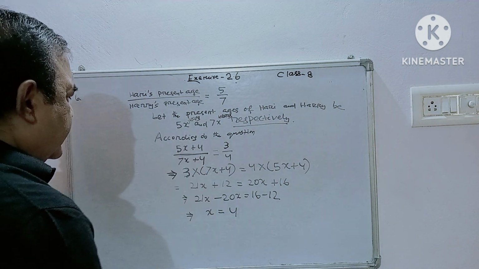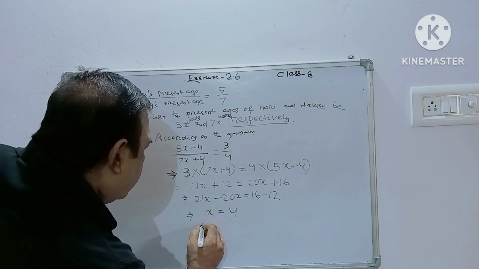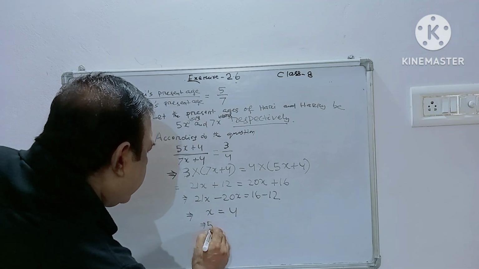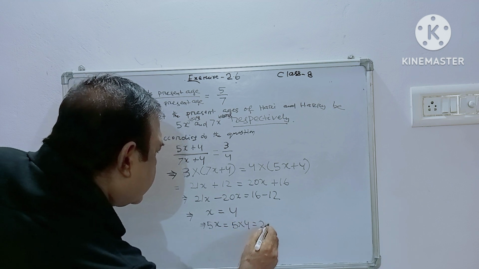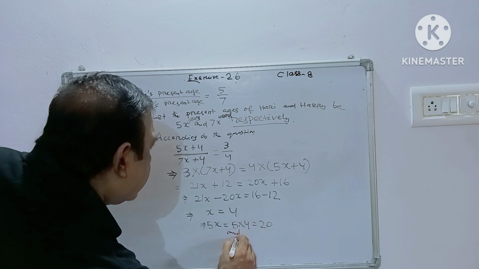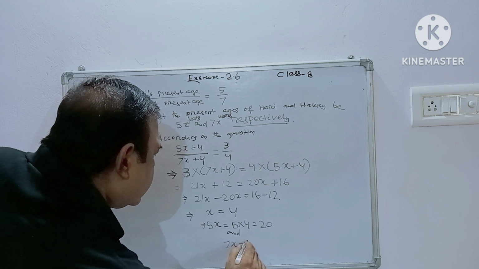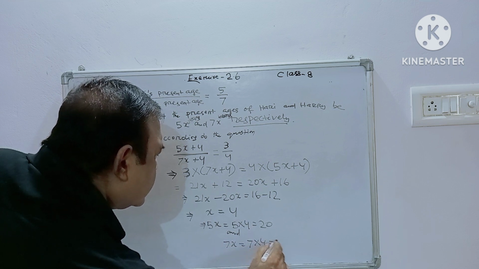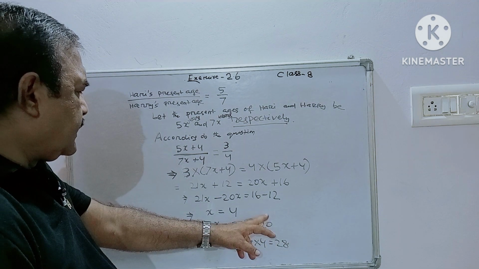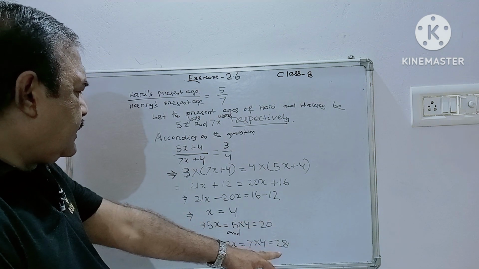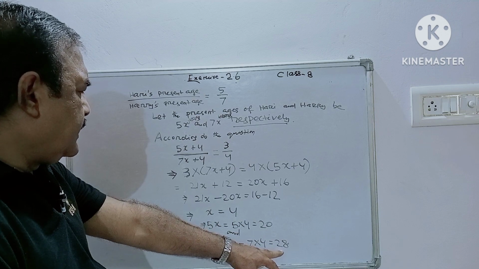So if x is equal to 4, then 5x is 5 into 4, that is 20, and 7x is 7 into 4, that is 28. So Hari's age is 20 years and the other Hari's age is 28 years.